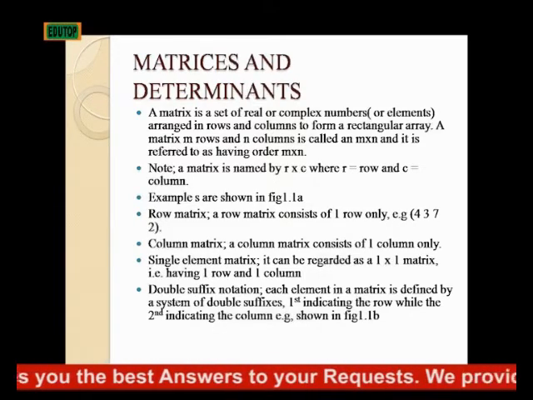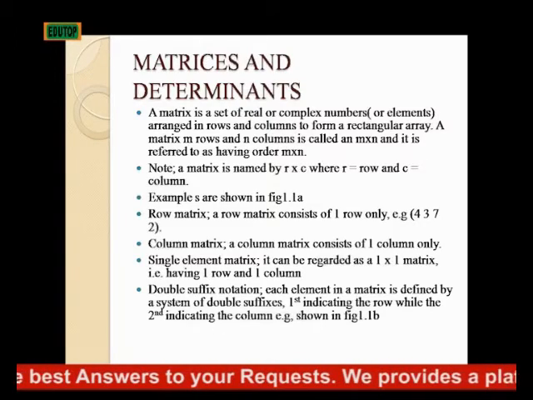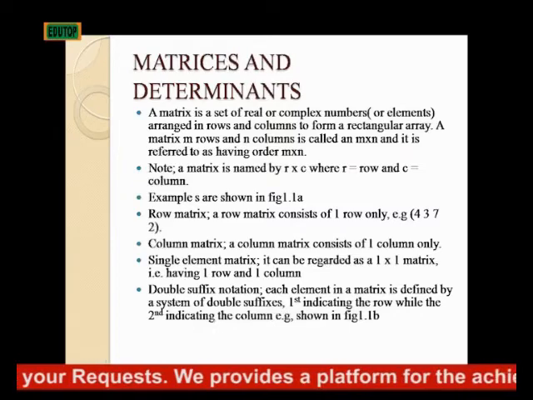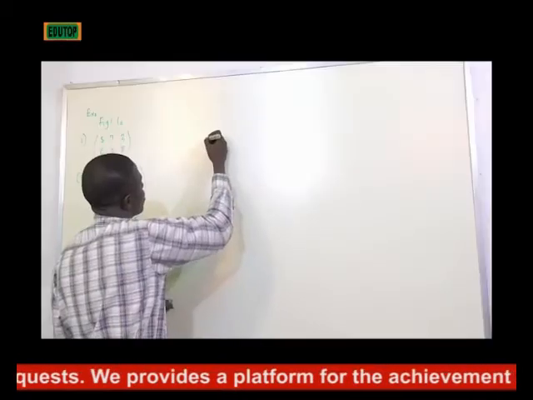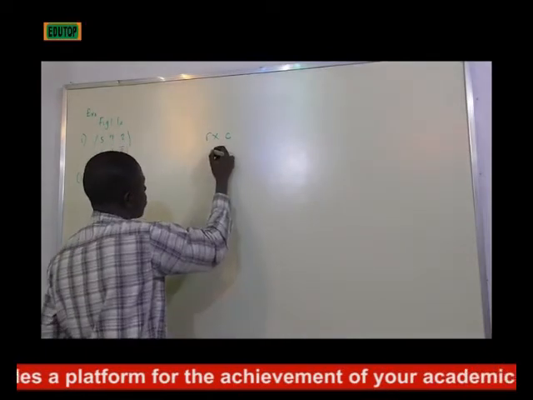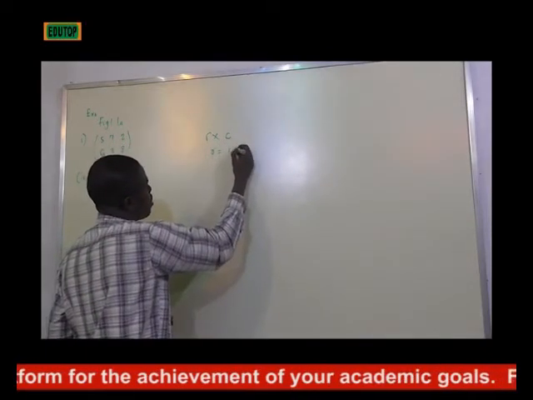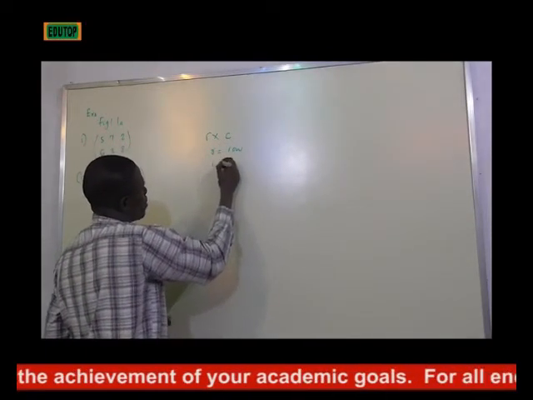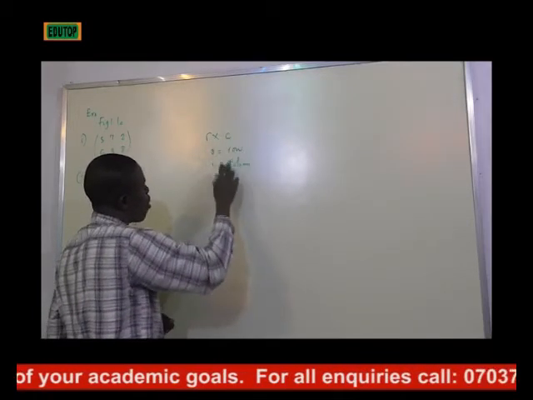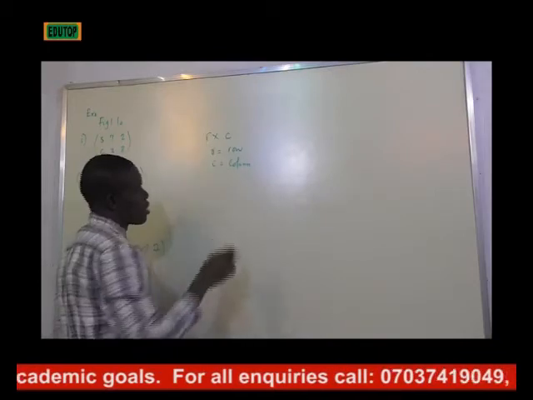Note, a matrix is named by R times C, where R is the row while C is the column. This can also be called order.